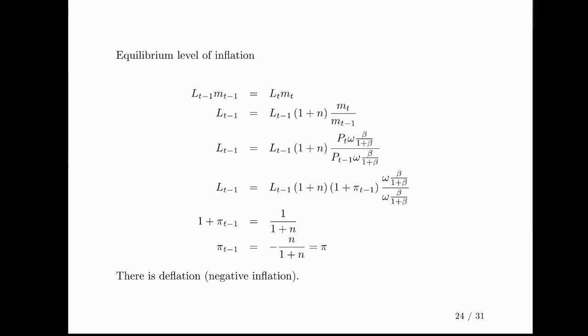That's surprising, no? Because we're used to having positive inflation, and now this model predicts negative inflation. So that's strange. So why do we see that?